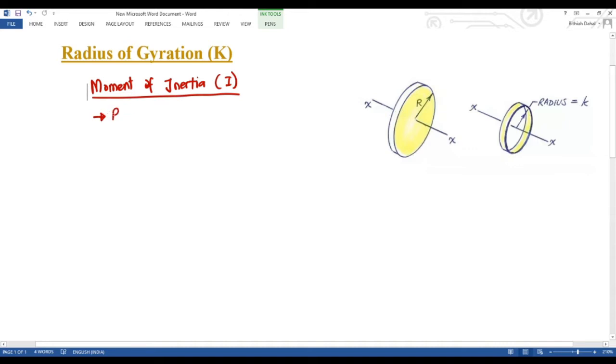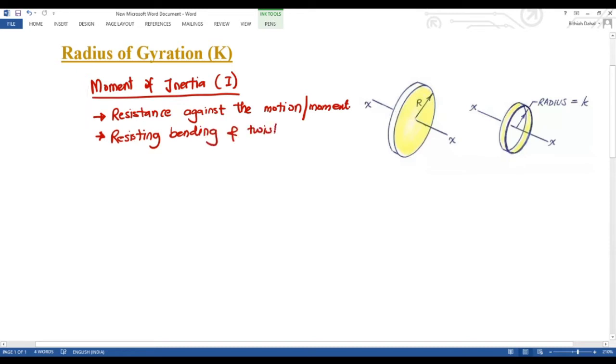can be understood as resistance against the motion, or resistance against the moment, and we can also understand it as resisting bending and twisting caused by the moment or the rotational force.